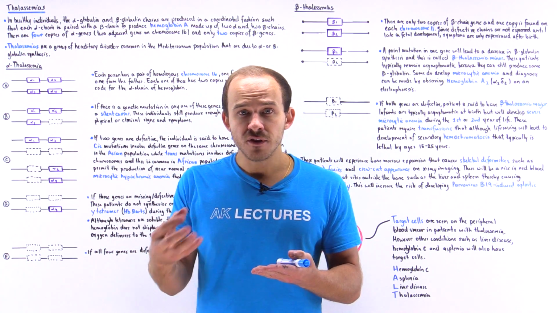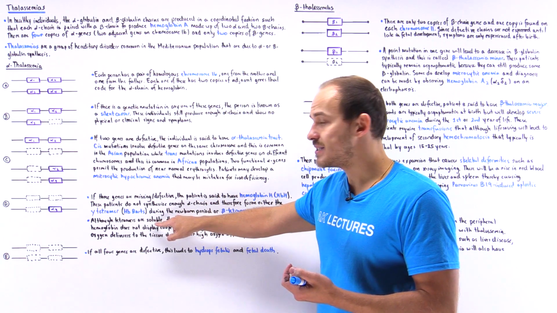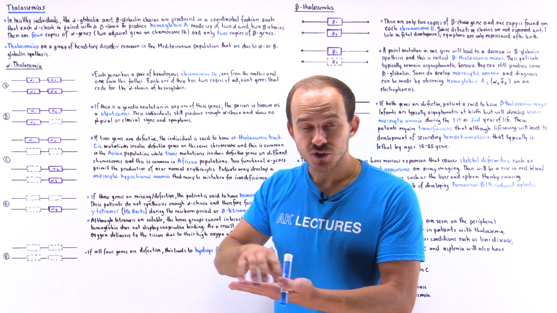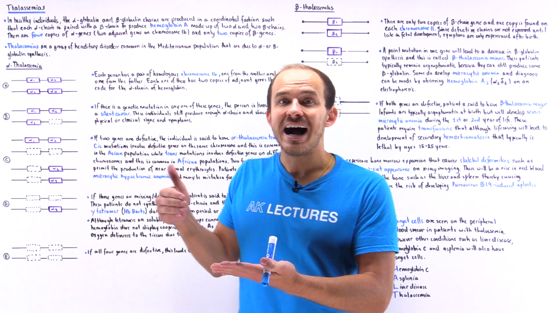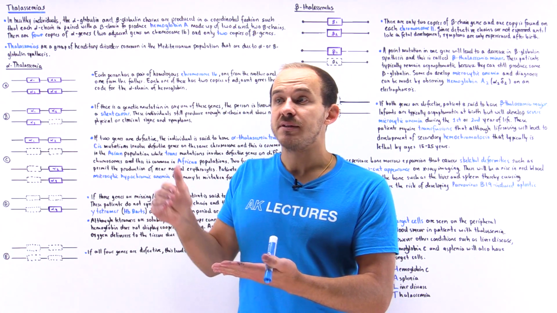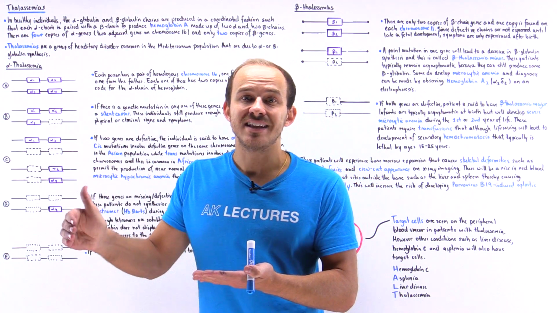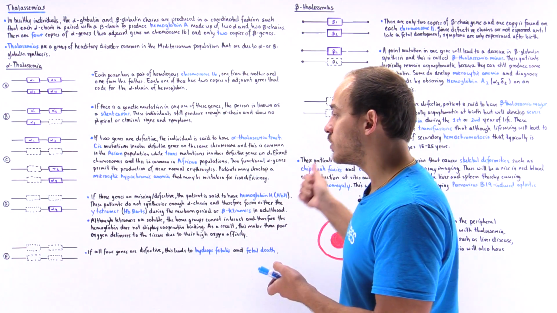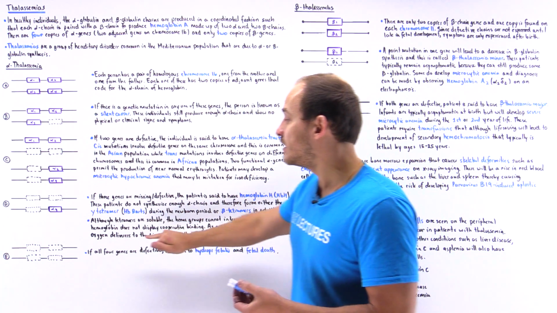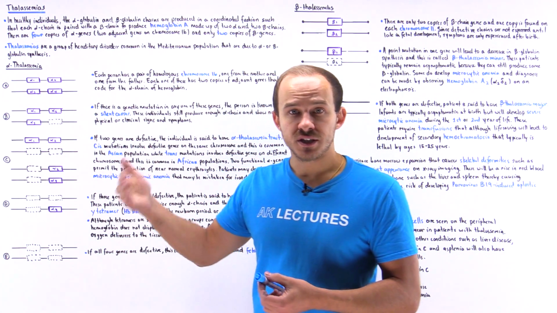So even though the tetramers are going to be soluble within the red blood cells, they're not going to be able to bind oxygen, or at least they're going to be able to bind oxygen with very high affinity, but they're not going to be able to release that oxygen. And so that will cause problems in actually delivering that oxygen to the tissues.